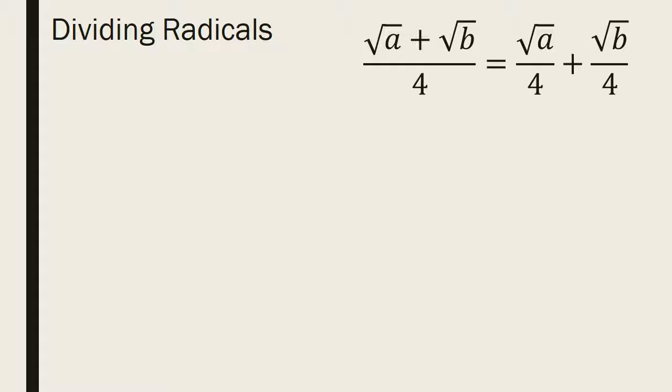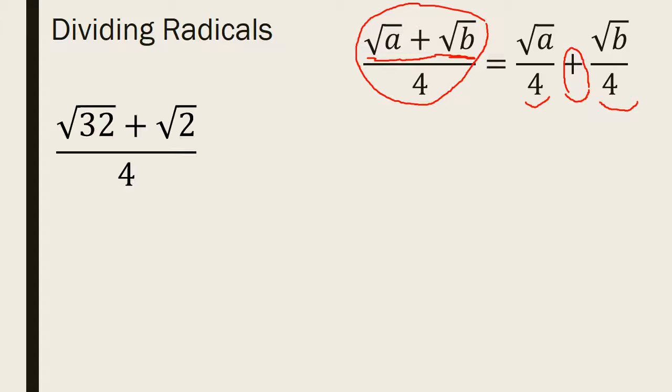So what we can do is break down this expression into radical A over 4 plus radical B over 4. And again, we can do this only if we're adding or subtracting two terms from each other and then dividing by a rational number. So let's take a look at our first example.